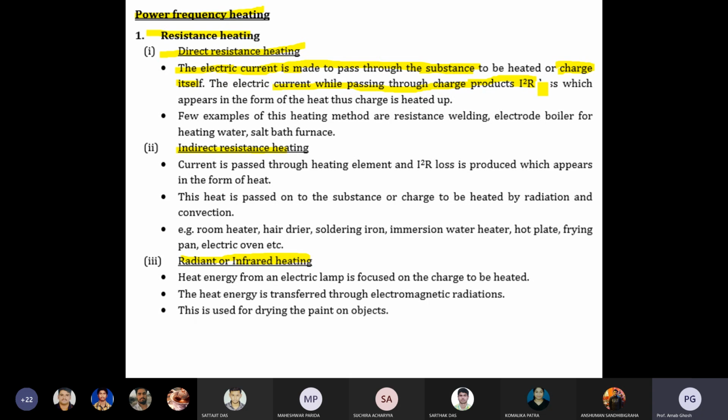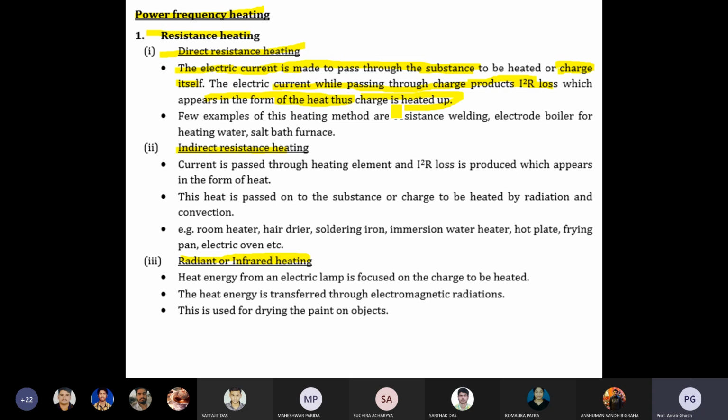That R is also considered a part of the charge, so the charge is directly carrying the current. So I squared R T, that is the heat in joules, and it will automatically melt down. But the problem is that high energy, high power loss will be there, a loss which appears in the form of heat.